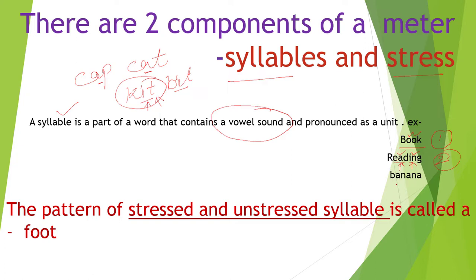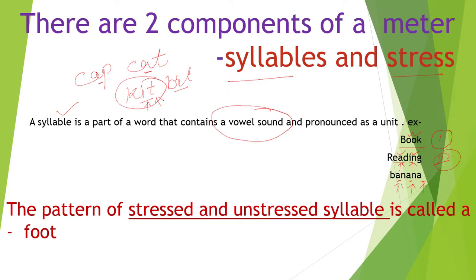Now again this word banana. Here we have one vowel, again one vowel and again here is one vowel. Now the vowel is the same, a, but the sounds are different. See how these sounds are stressed and unstressed.